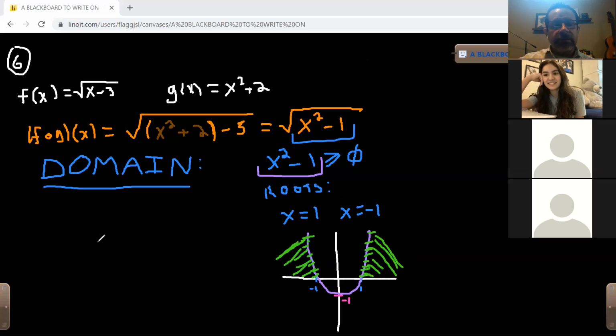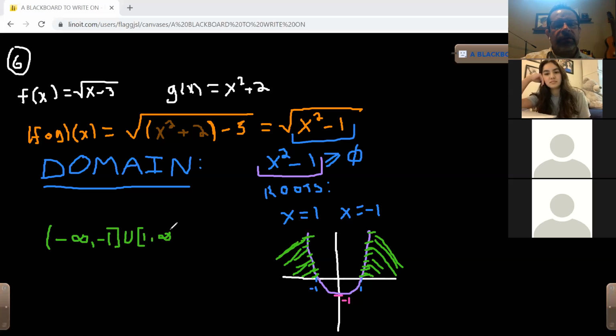Let's see, Estrella, go ahead. The domain will be minus infinity and 1, but the 1 is going to be closed. Is it 1 or minus 1? -1. Minus infinity to -1, and we would include the -1, and then it will be 1, and we will include the 1, and then infinity.